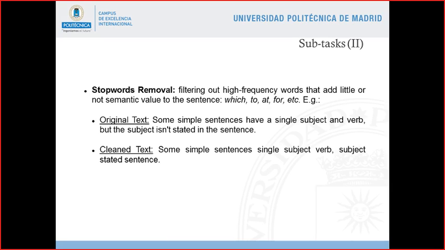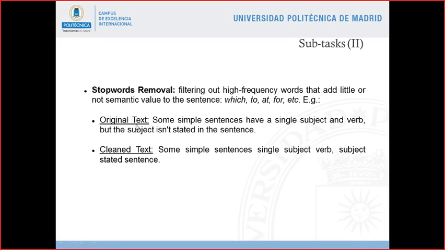They are different from one language to another, and in the same language, these stop words depend on the library that you are using. So this is an example. The original text is: some simple sentences have a single subject and verb, but the subject is stated in the sentence.